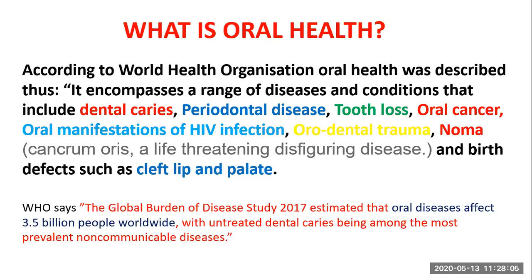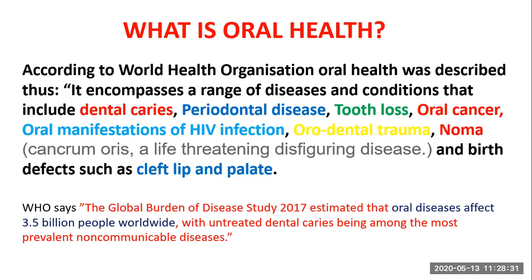NOMA is otherwise known as cancrum oris. It's a life-threatening disease that can disfigure the mouth. And birth defects such as cleft palate and cleft lip. These are, according to our World Health Organization, different diseases that the oral health is associated with.